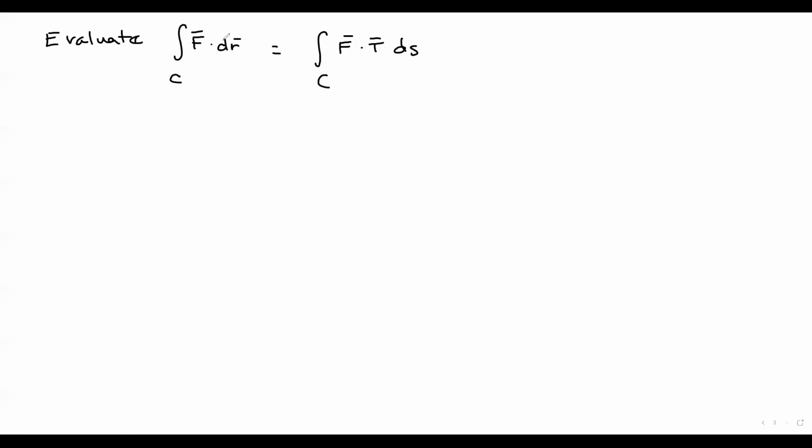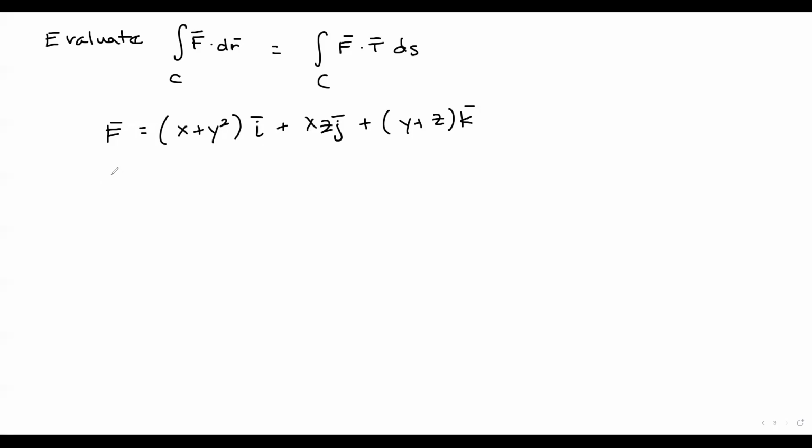They say go through and evaluate this, and F equals (x plus y squared) i plus xz j plus (y plus z) k.